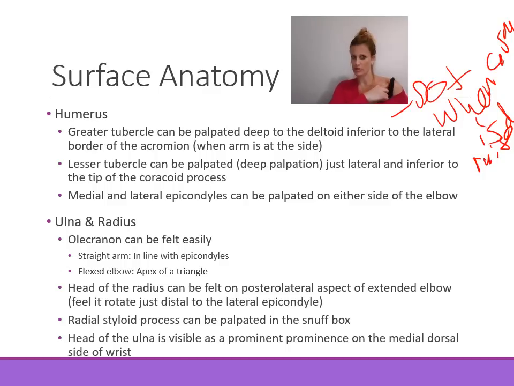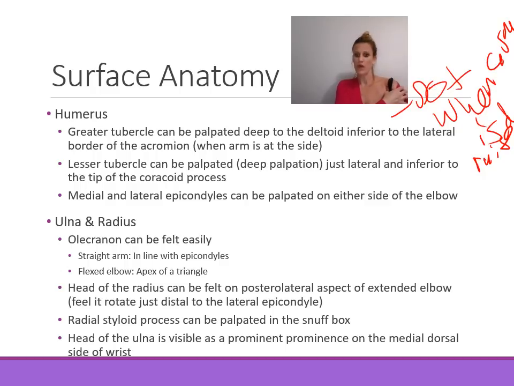That's the coracoid process. To feel the lesser tubercle, which is part of the humerus, the arm, you go just lateral and inferior to that. Right? And it's deep pressure, so push in and kind of laterally towards the humerus. And I can feel a little protrusion there on the bone.